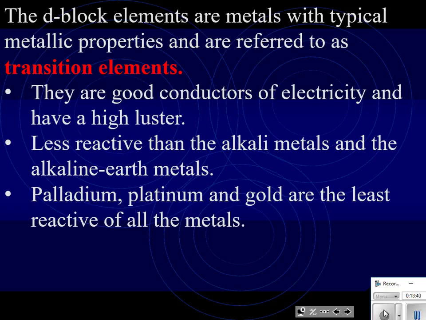They are very shiny. They are less reactive than the group 1 alkali metals and the group 2 alkaline earth metals. Palladium, platinum, gold are some of the least reactive of all metals.